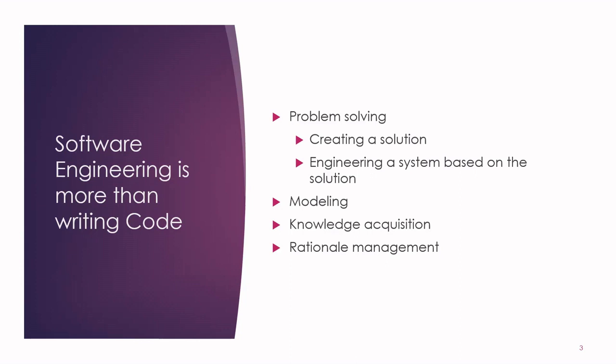Now you engineer the system based on that, so all that is the mental process. You didn't touch any code. Most of the work done, or the most important work done, is done in your head. It's not on the keyboard. So there's a lot of problem solving that is needed.